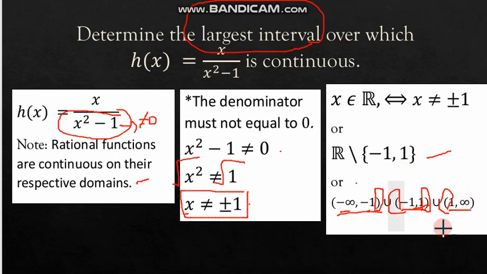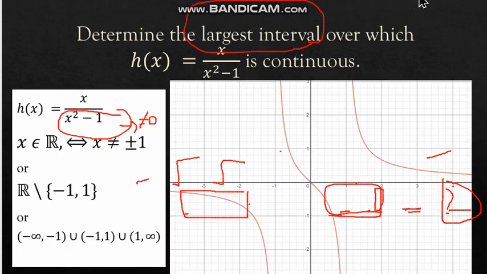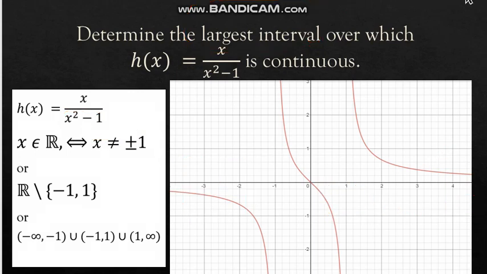We should also remember that at the interval from, we can verify on our graph of the function that from negative infinity to x less than negative 1, our function is continuous, but we stop at x equal to negative 1, and then we start again to the right of x equal to negative 1.